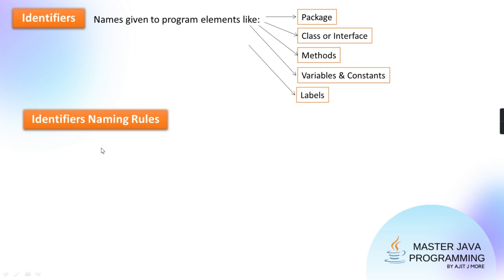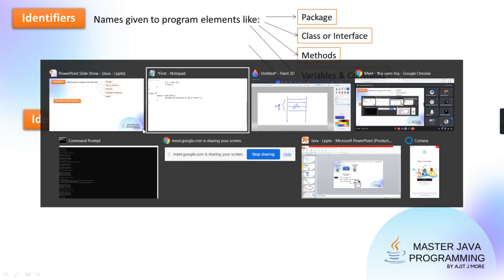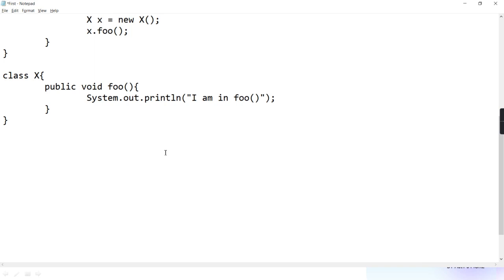Remember, these are the naming rules. And there is some concept called Sun recommendation. Now, Sun recommendation means what? That I'll talk later. Now, just remember what these naming rules are. Okay. So, first is, they say your identifier can be a combination of letters, digits, underscore, and currency sign also.